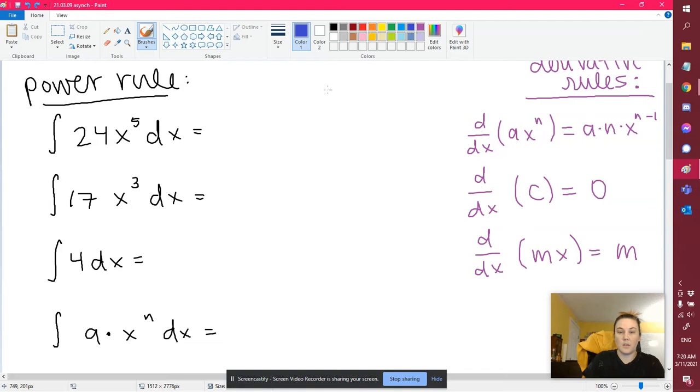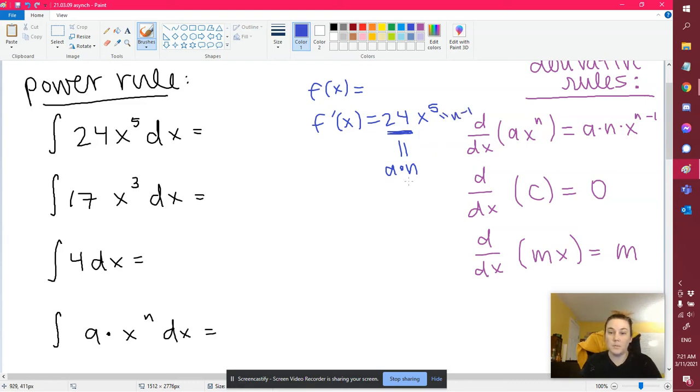So if we had some function and its derivative was 24x to the 5th, that means 24 is these two numbers multiplied, and 5 is the exponent knocked down by 1. Okay, if 5 was the exponent knocked down by 1, the original exponent must have been 6. And then if 24 was 6 times something, the original coefficient must have been 4. So over here, we're going to write that this is 4 times x to the power of 6.